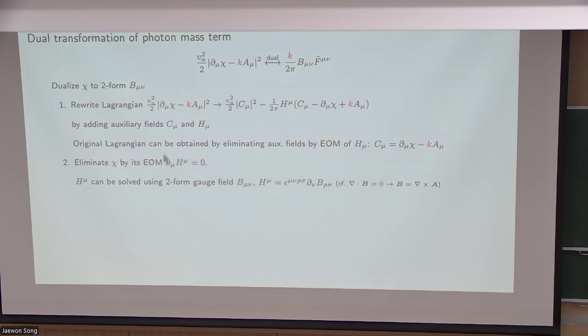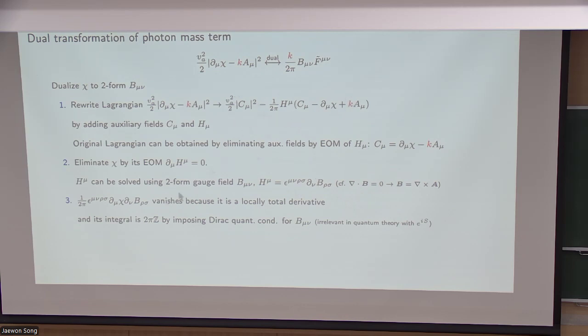So H_mu can be locally solved by using the two-form gauge field B_mu nu like this. This is similar to the relation in electromagnetism: if the divergence of B is 0, B can be written in terms of the vector potential. We substitute this solution into this action.